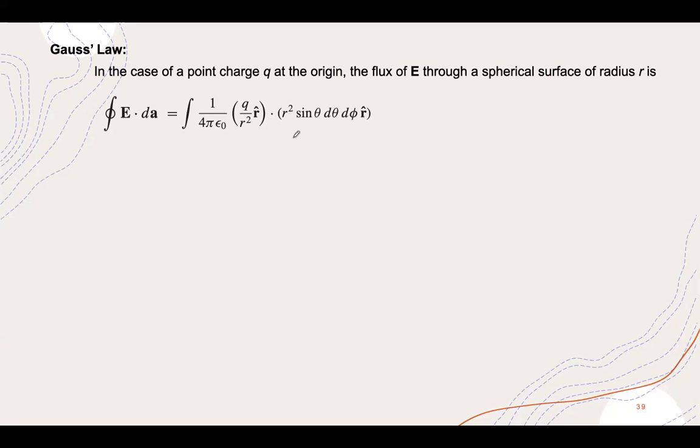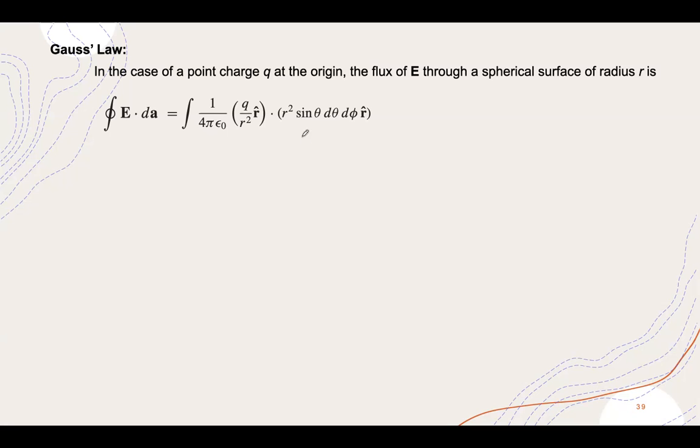Now you just need to integrate, canceling the terms which are constant. The r square is going to cancel out, and then the integral will be over sin theta d theta and d phi. And the d phi integral, we know, is going to give you 2 pi.